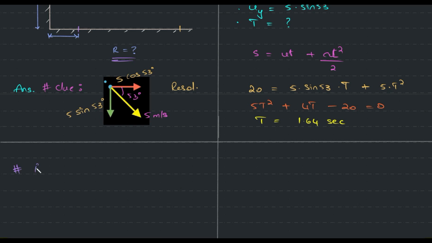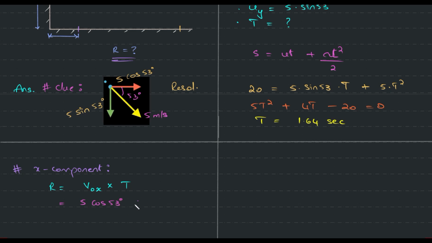Okay, so the x component, the range would be, so basically it's u of x, or if you guys want to use v naught of x, times time. So basically this would be 5 cos of 53.